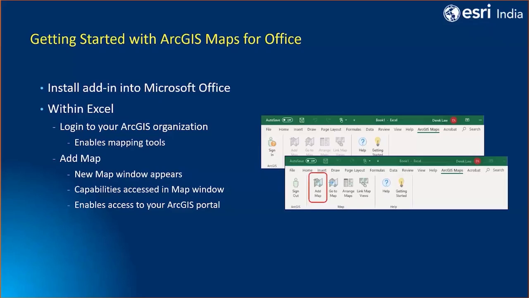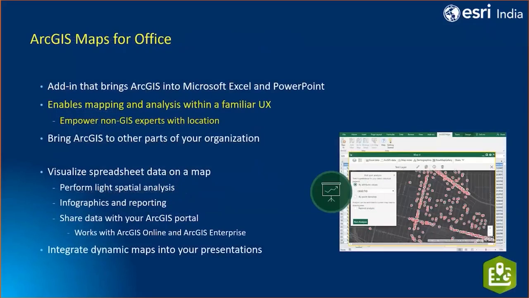So you can add the map. Once you install this software, it will also bring an add-in to PowerPoint. In the same way as in Excel, it will enable an add-in in PowerPoint presentations, with a similar UX environment.